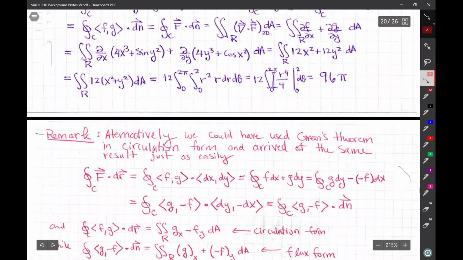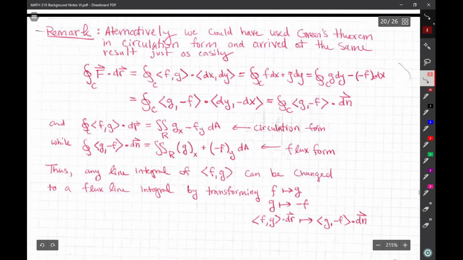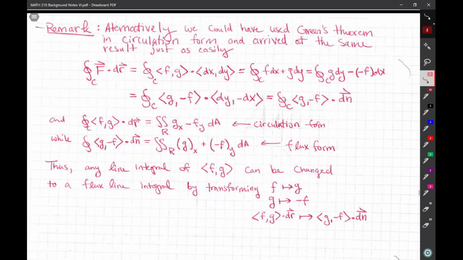And a quick word about the ambiguity: couldn't you have written that as a line integral rather than a line flux integral? Yes, absolutely. In fact, you could always trade a line integral for a line flux if you're willing to change your vector field.